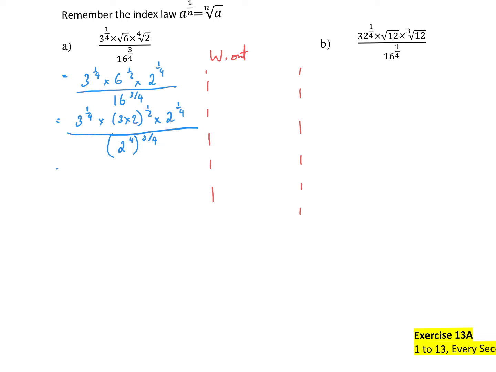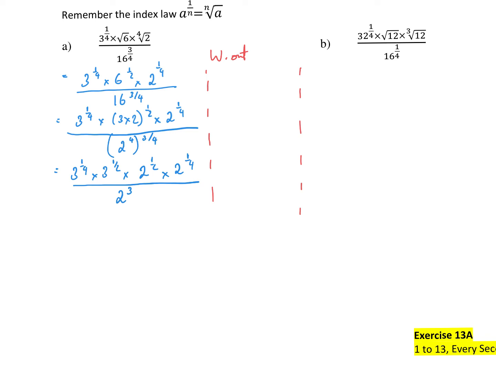So I'm just going to tidy this up, and I've got 3 to the power of 1/4 times 3 to the power of 1/2 times 2 to the power of 1/2, 2 to the power of 1/4. Down the bottom, 4 times 3/4. The 4's cancel out, and I'm left with 3, so it's 2 to the power of 3.